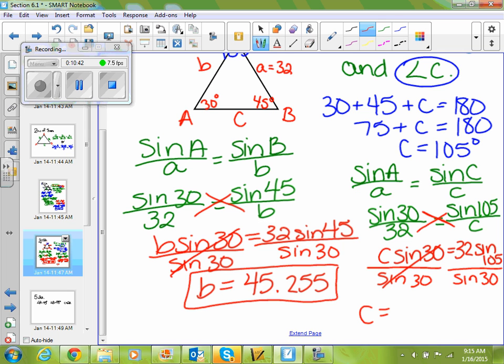So C equals 32 sine of 105 divided by sine of 30. 32 sine of 105 plugged into your calculator is 30.910 when you round it. If you divide that by sine of 30, you will get approximately 61.819. So C is 61.819.